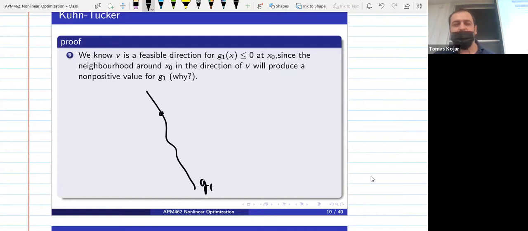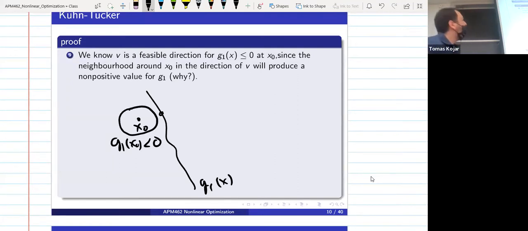This is G1 of X. We assume that G1 of X naught is strictly negative. So you're inside, and you draw a ball around it. We just showed that the guy is a minimum along the V direction.